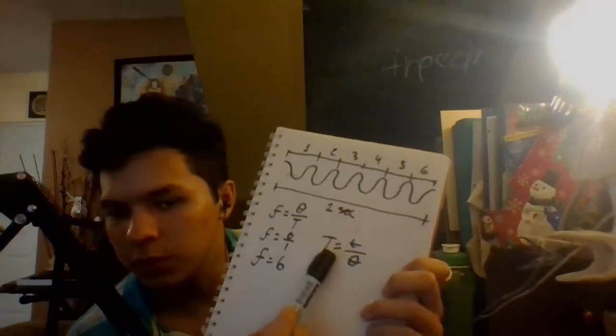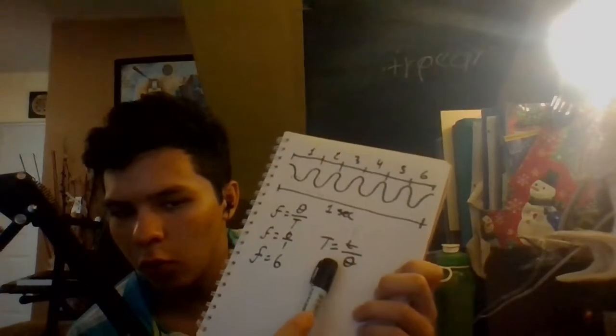Period is equal to the time it takes to do one oscillation. That's right, period is time over oscillations. So the time to do 6 oscillations is 1 second, so one oscillation is 1/6 of a second.